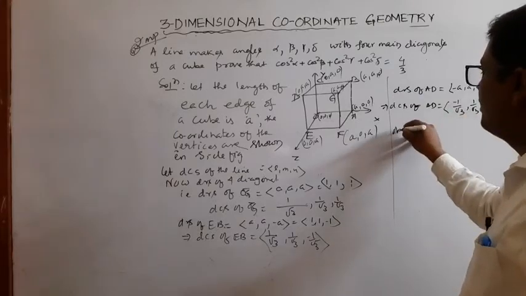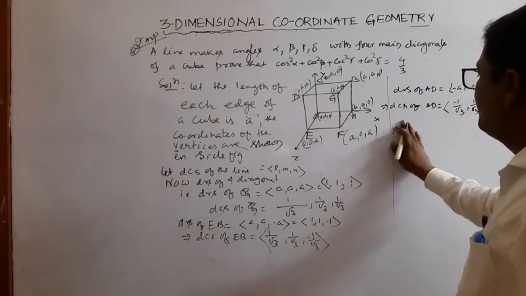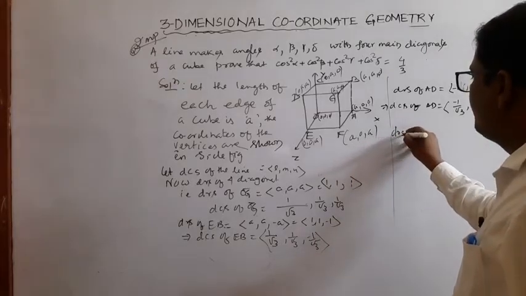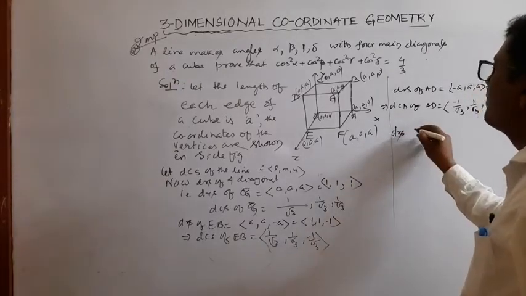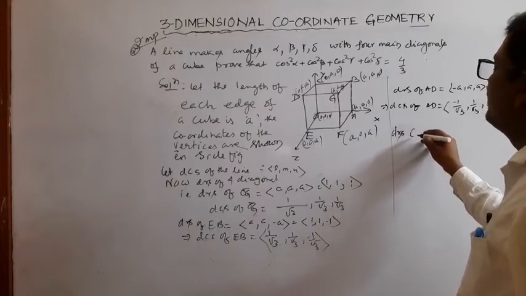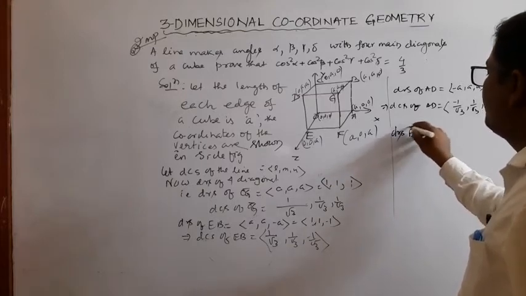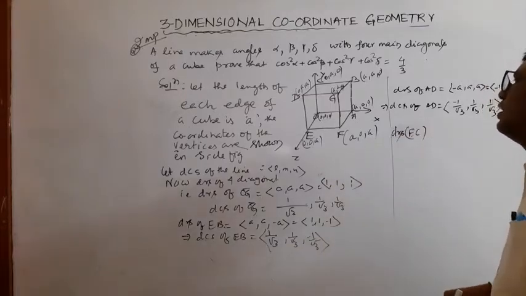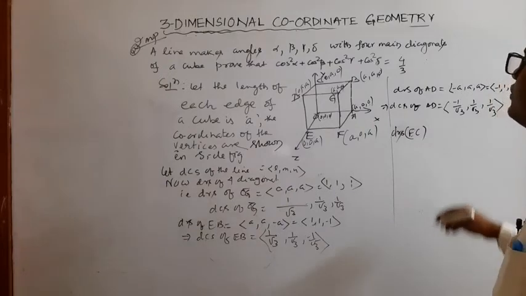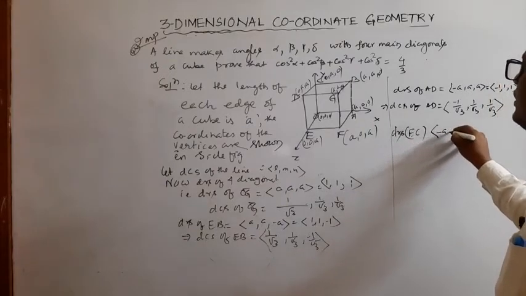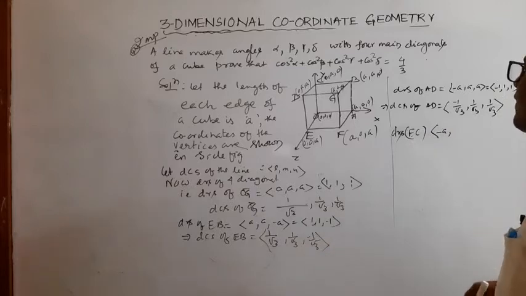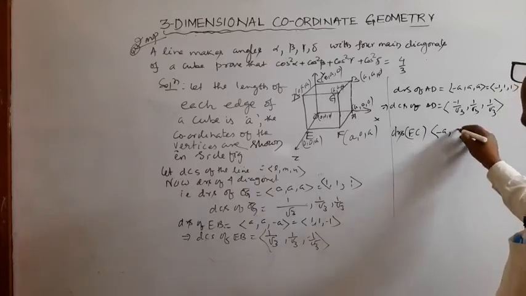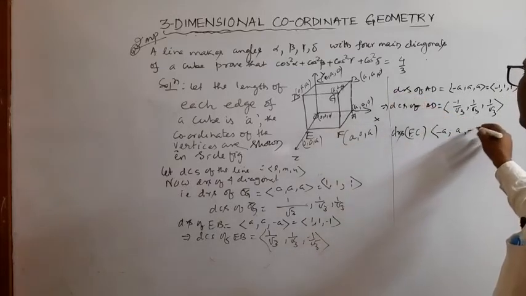Now DRs of FC, that is minus a, a, and this is minus 1.